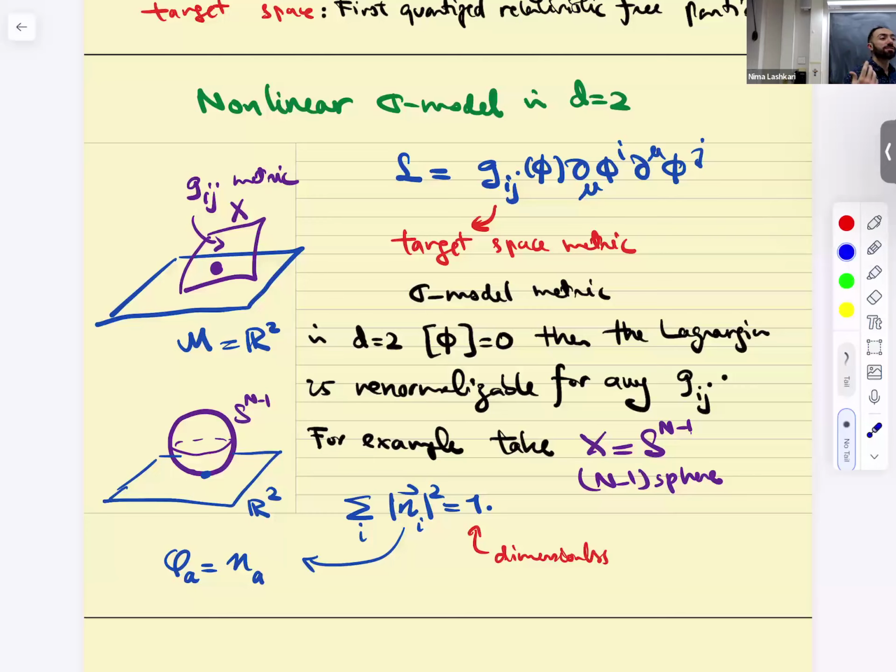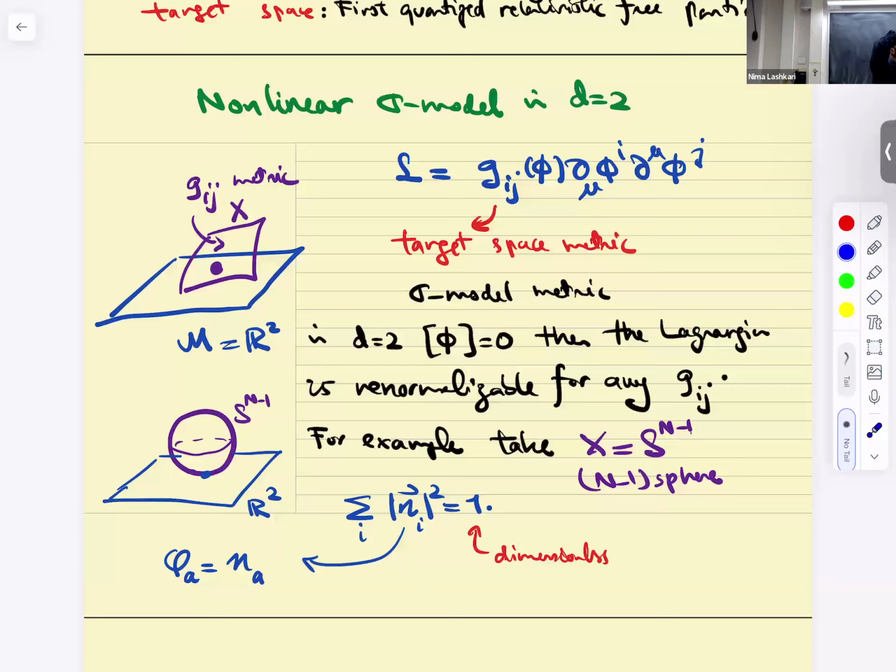So Gij of phi, from the point of view of the two-dimensional quantum field theory, is a field-dependent coupling. If you expand Gij in powers of phi, you're going to get all sorts of interaction terms, various couplings. But it's a generating method for some crazy interaction.